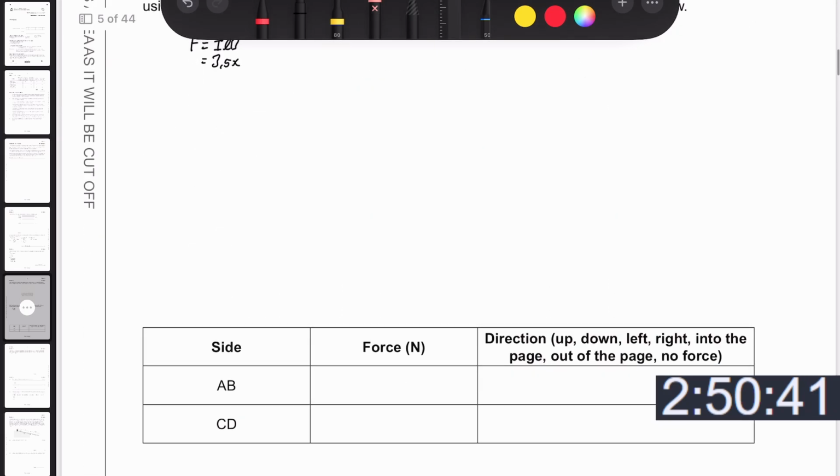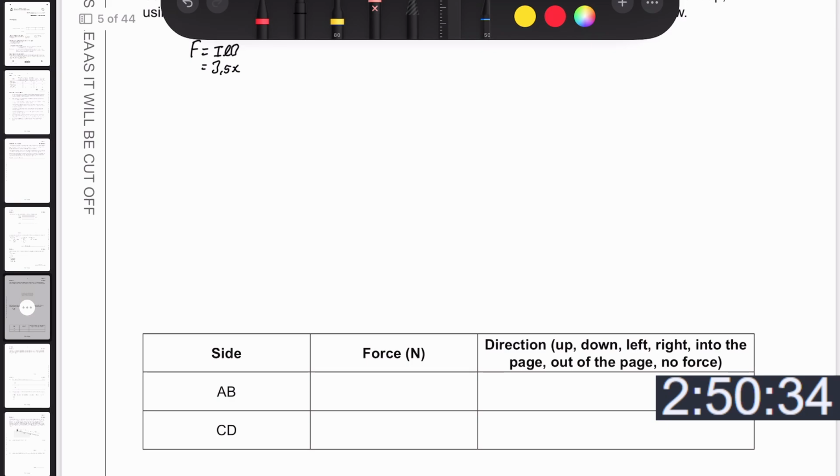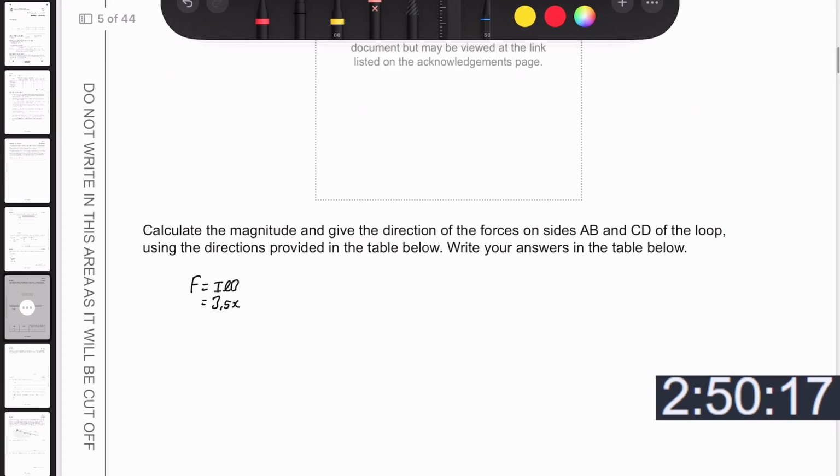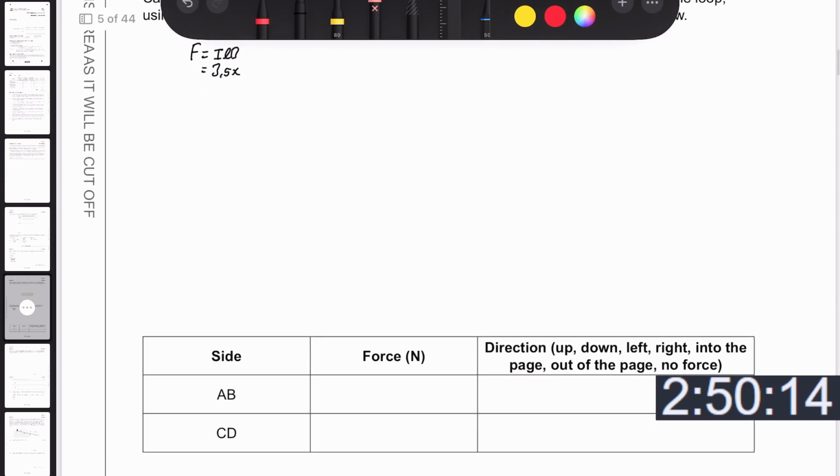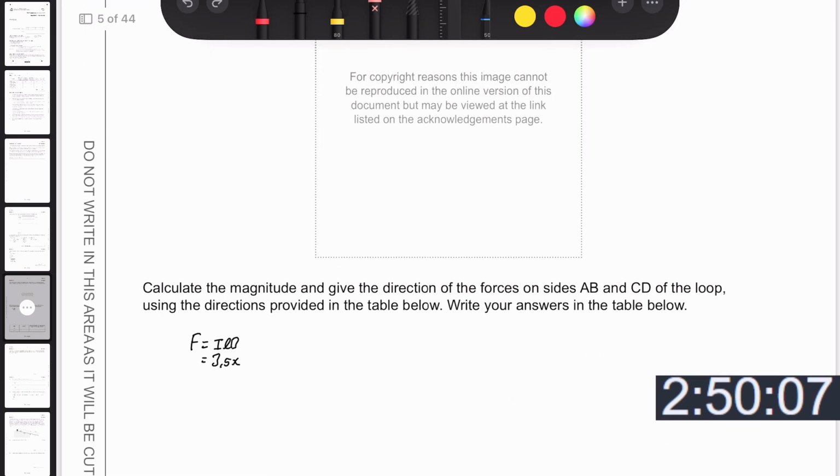A, B, and C, D. Okay, I feel like I'm not able to do this question. Current carrying conductor. Yeah, I don't have the length of it. Okay, I think I'm just gonna get rid of this question because it even shows me which way the forces are gonna go. Unless I'm just completely wrong, I am gonna cut out this question, I think. Well, we're gonna see when I mark, and I'll just continue.